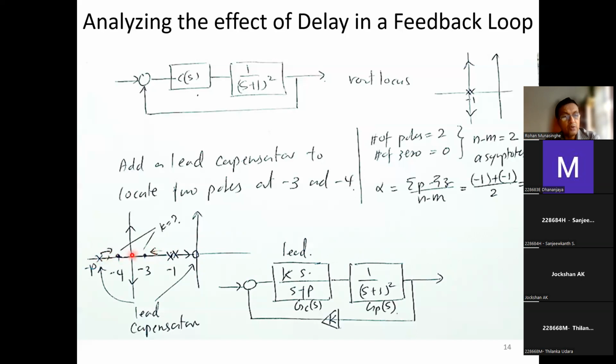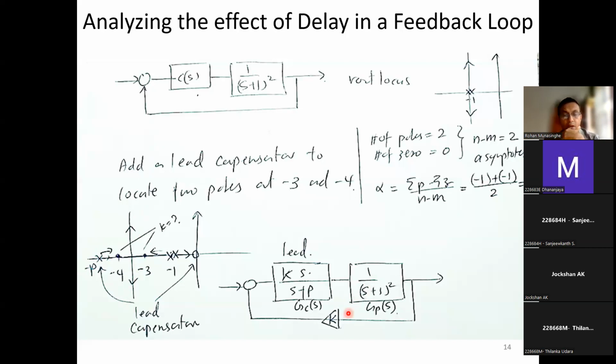These 2 will meet up somewhere here, and then one goes up, the other goes down. That's how it happens. So it's a new root locus because of this compensator. Now we have moved the root locus to the left, and the system is a bit more stable.